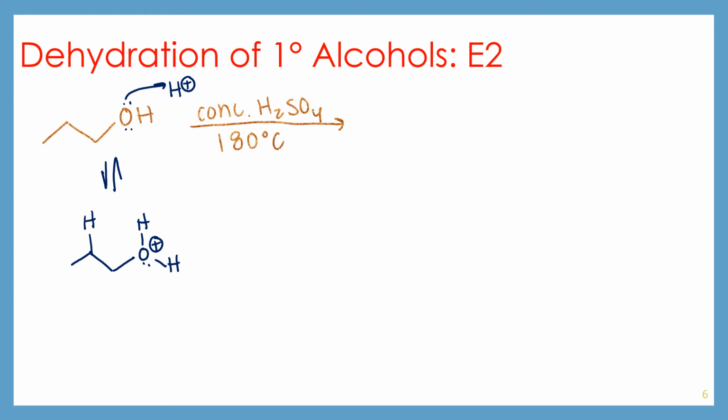Here you could use the conjugate base of sulfuric acid, or you could use another equivalent of the alcohol, which I like a little better because it's a stronger base than the conjugate base of sulfuric acid would be.